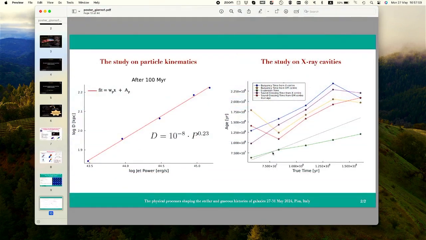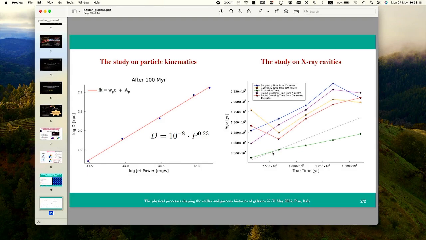So I'll just give you 2 examples. Using the particle kinematics, I found a set of relations for different instants of time after the injection of the particles in the cluster, able to link the distance reached by the particles to the power of the AGN.